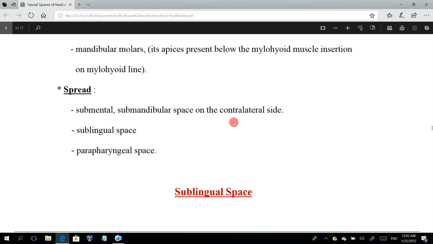If not treated early, this infection can spread to the left submental and submandibular space, the contralateral side.